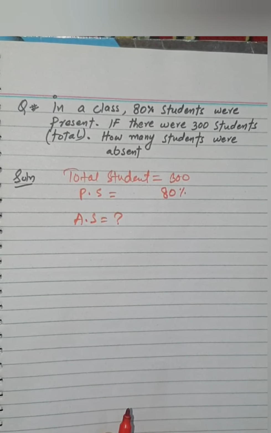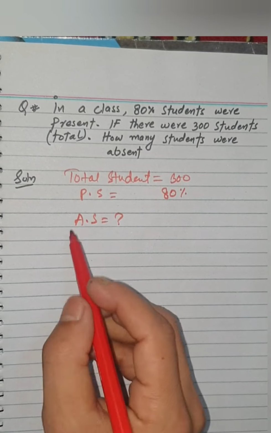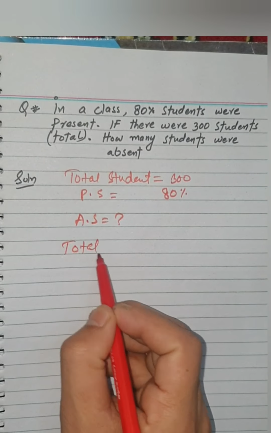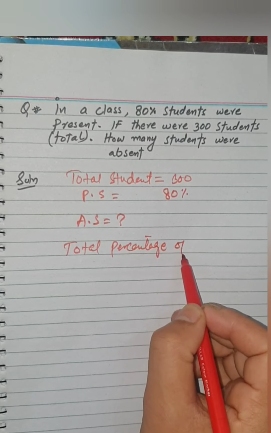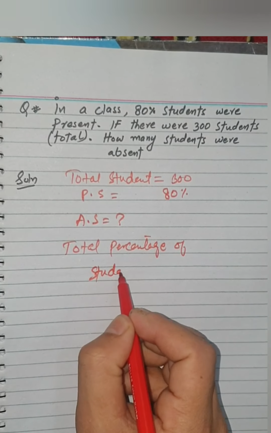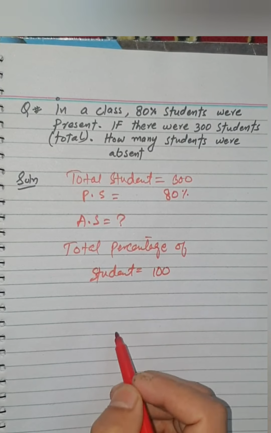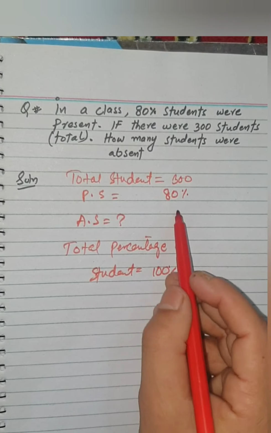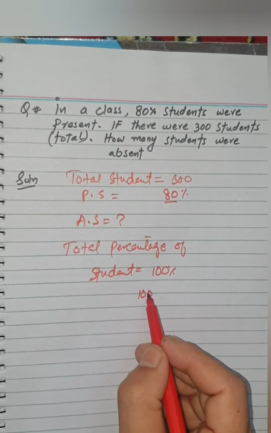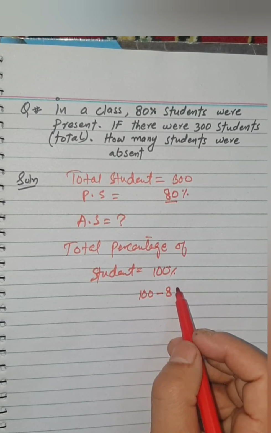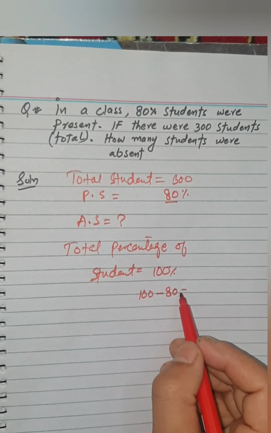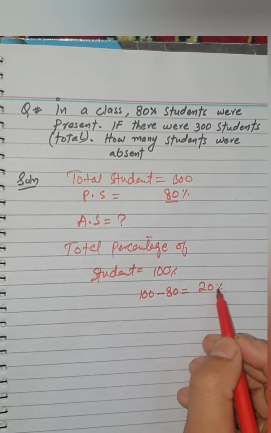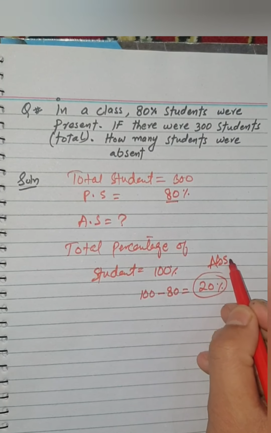So how to solve such questions? First of all, you have to find the total percentage. The total percentage of students is equal to 100%. So how many students are absent? 100 minus 80, which is equal to 20%. 20% of students are absent.